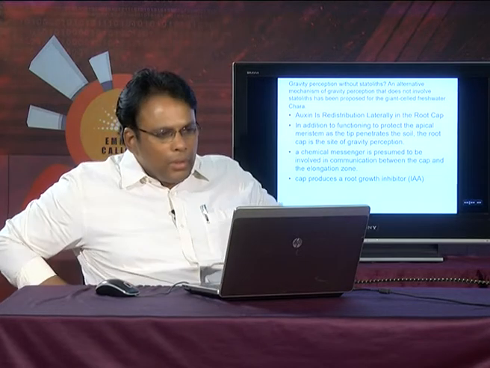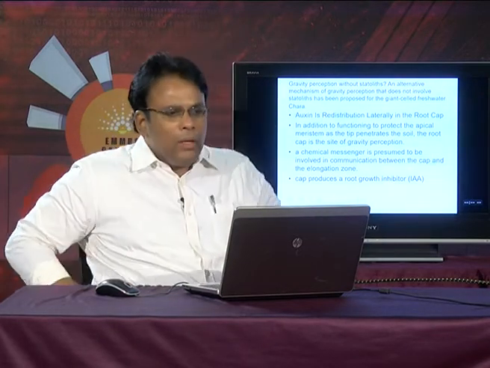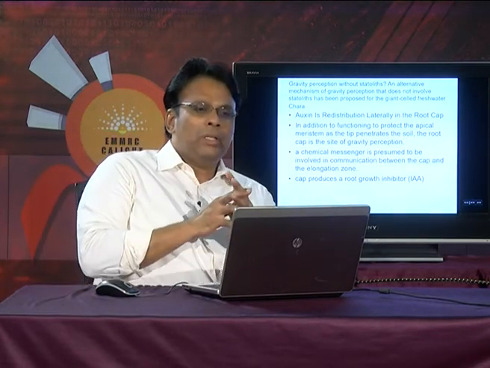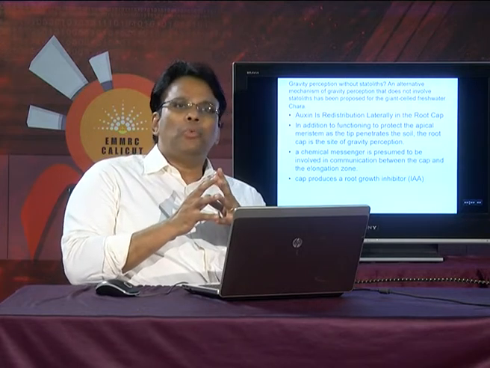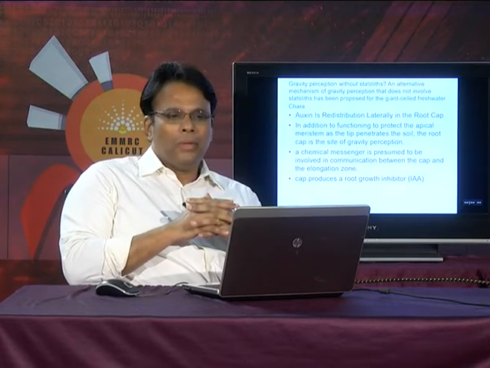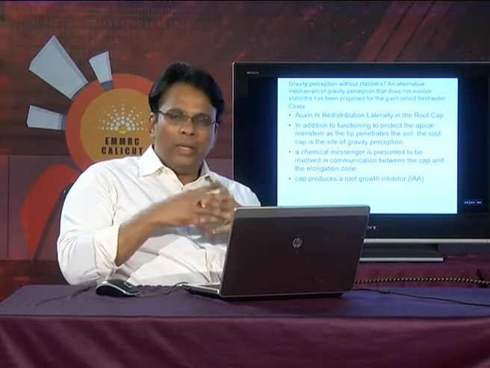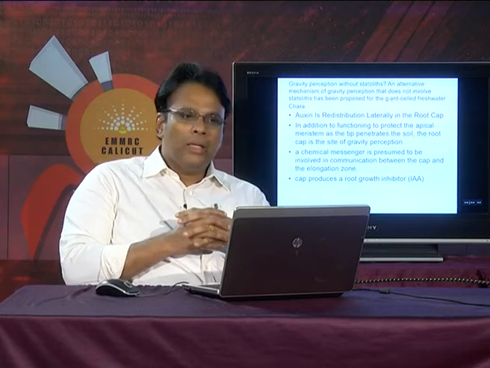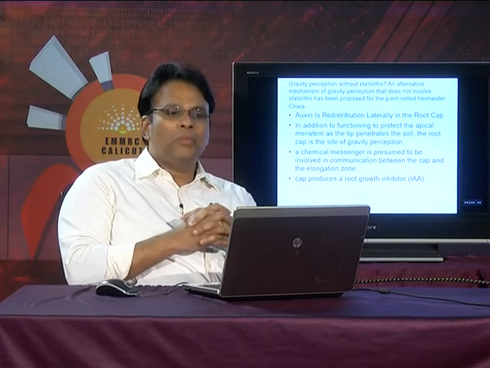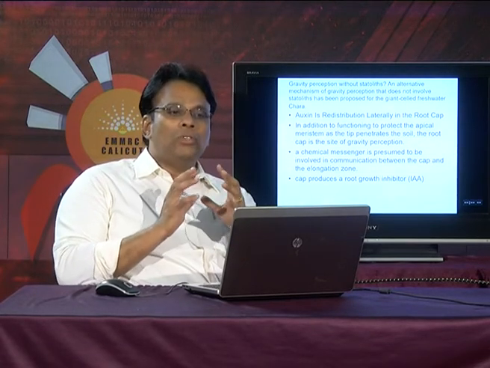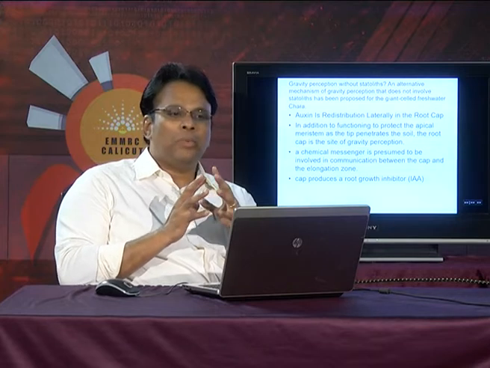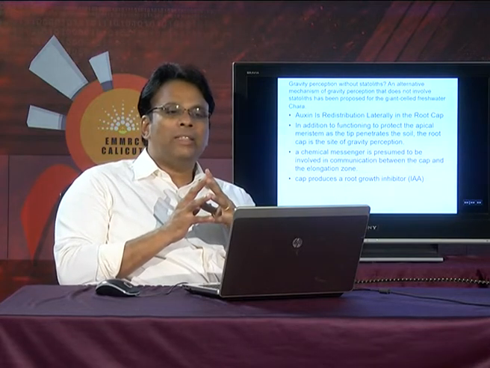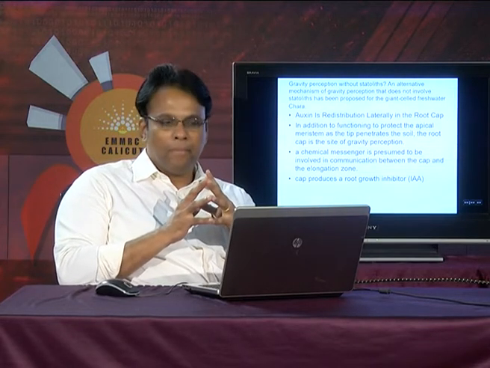Now, you may ask whether gravity perception without statoliths is possible, and it is possible. Later, scientists found an alternative mechanism of gravity perception that does not involve statoliths, proposed in the case of the giant-celled freshwater Chara.